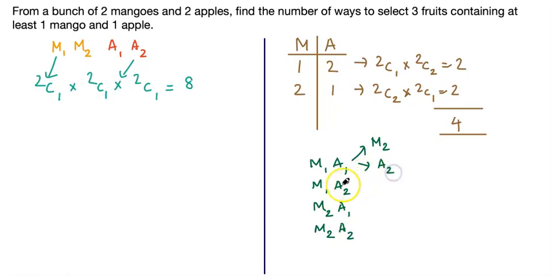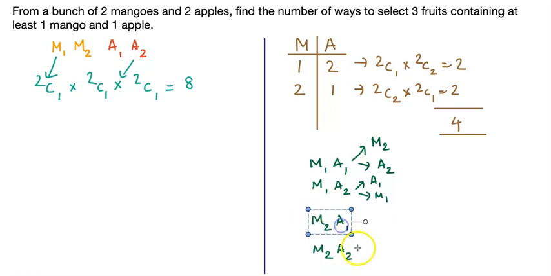Now M1, A2, I can either pick A1 or M1. Let me scroll down a little bit to create some space. And then M2, A1, I can either pick A2 or M1. And finally, M2, A2, I can either pick A1 or M1.